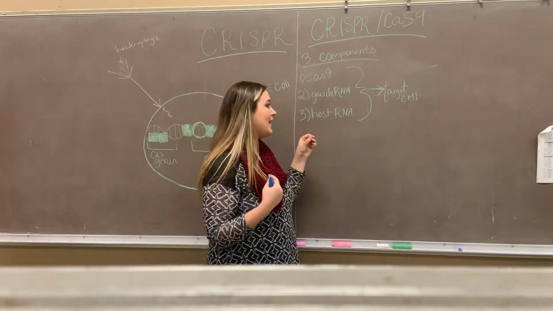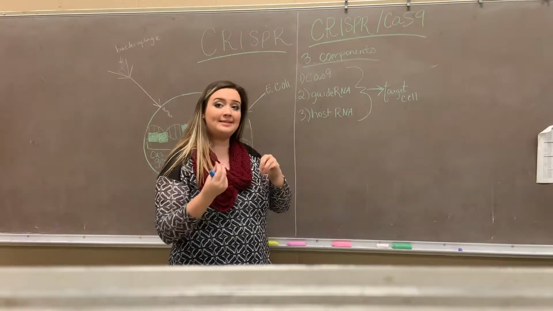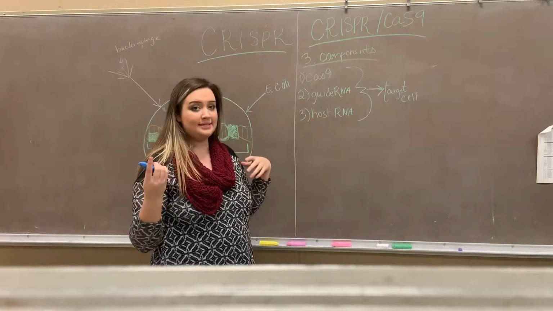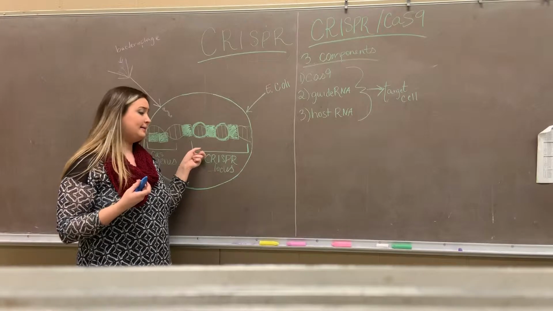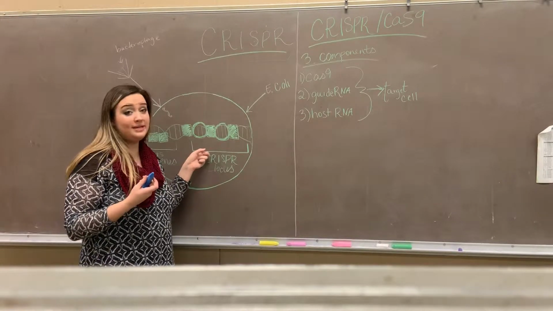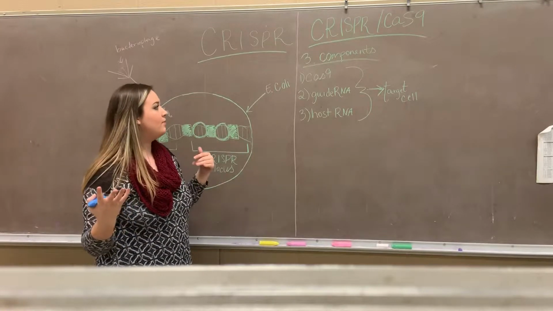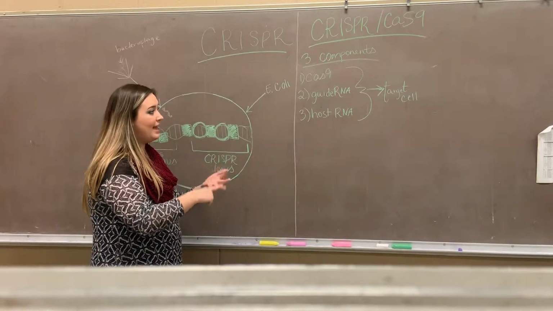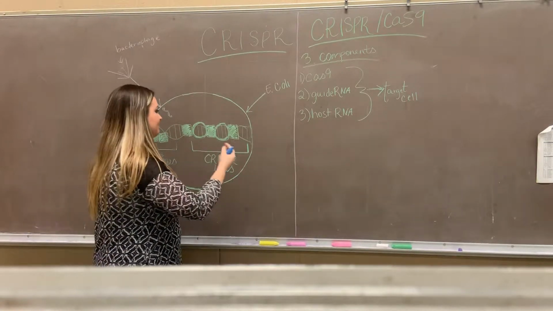That host RNA is basically going to be the corrected gene. So, for instance, say this is a human DNA strand. This Cas9, this guide RNA, and this host RNA are all in this mix, this complex.